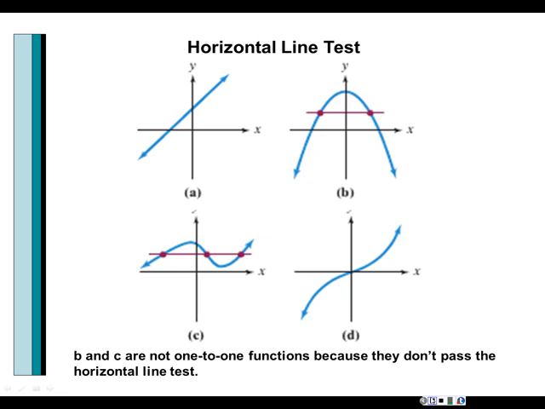For C we have drawn a horizontal line which intersected the blue line at even 3 points. This probably will be more than 3 if we look at other parts of the graph. How about D? Yeah, it's one-to-one, because you cannot draw a horizontal line which intersects the graph at more than 1 point, right?